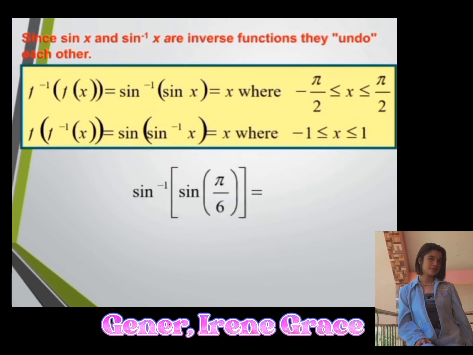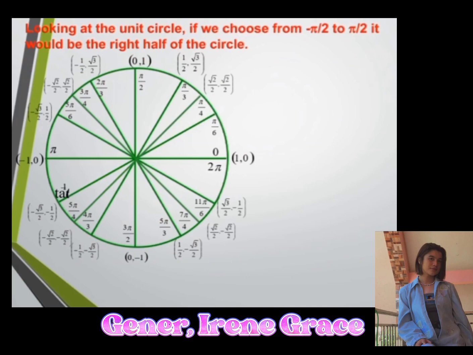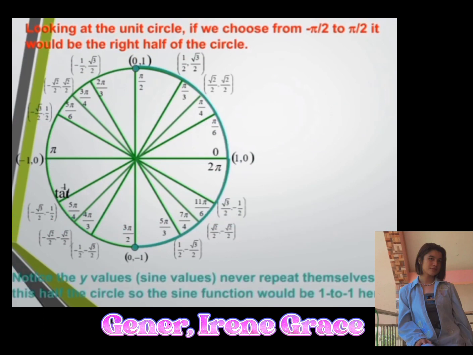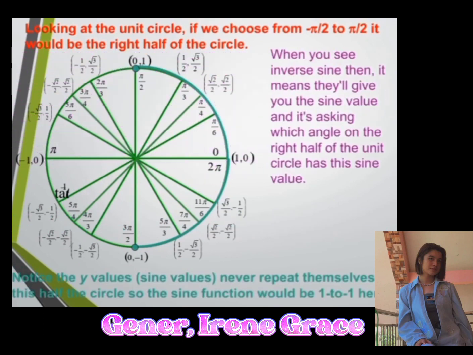So we have here an example. Looking at the unit circle, if we choose from negative pi over 2 to pi over 2, it would be the right half of the circle.